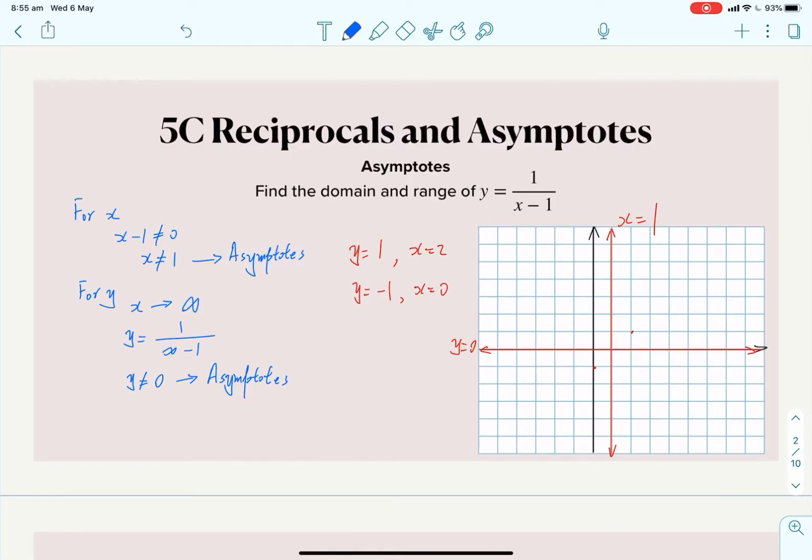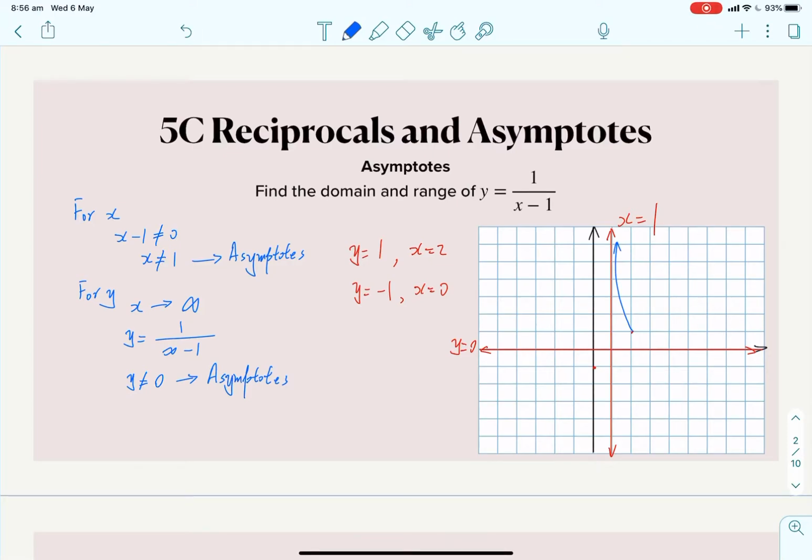What does it mean by that? For this section here, the curve is going to go this way. You're going to get close to the line, but it doesn't touch the line. That's important.